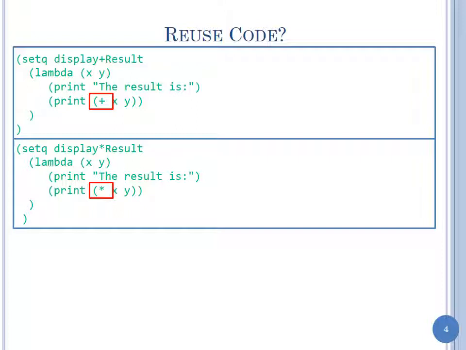But the only real difference is that in one case I'm calling plus and the other case I'm calling star. So could I create a single function? Could I do reuse? How could I remove the duplication here, and yet achieve the result of having a custom display of the star result and a custom display of the plus result?